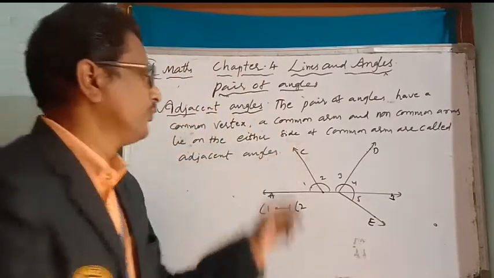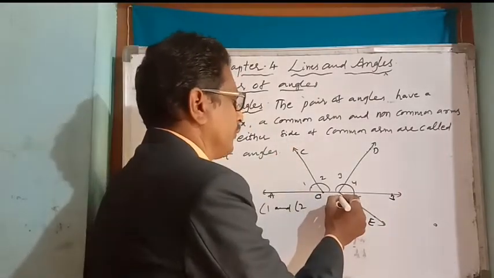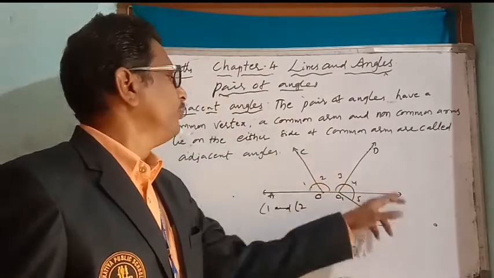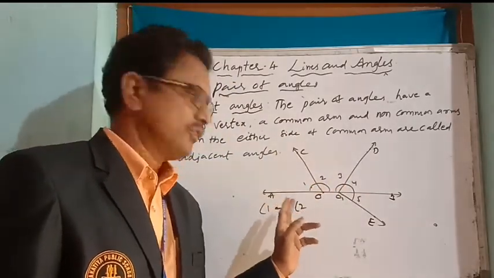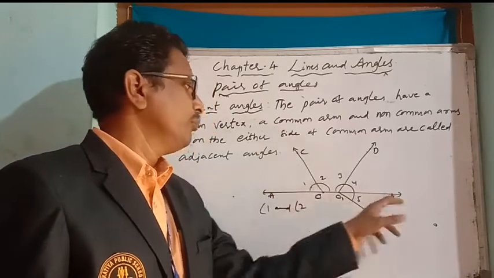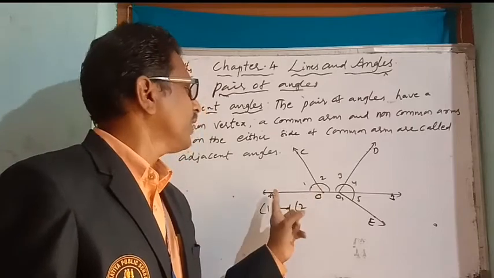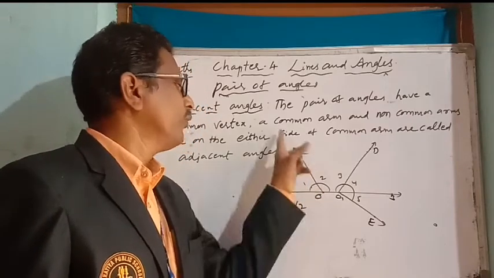AOC and BOC are adjacent angles because AOC and BOC have a common vertex O, and the common arm is OC.